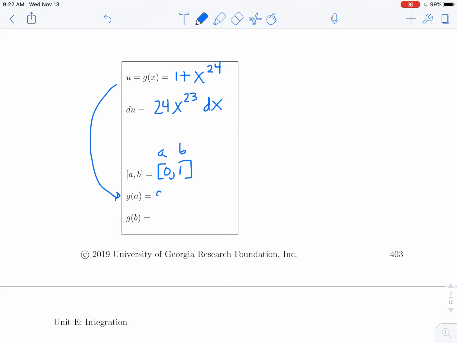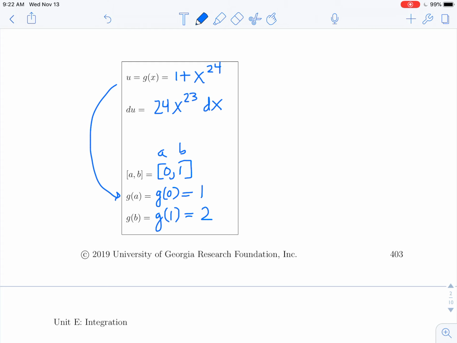So g of a is going to be g of 0, which is what you get when you plug 0 into your inside function, which is 1. g of b is going to be what you get when you plug in 1 into your inside function, which is 2.